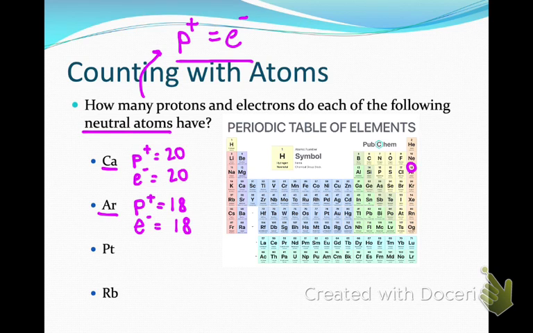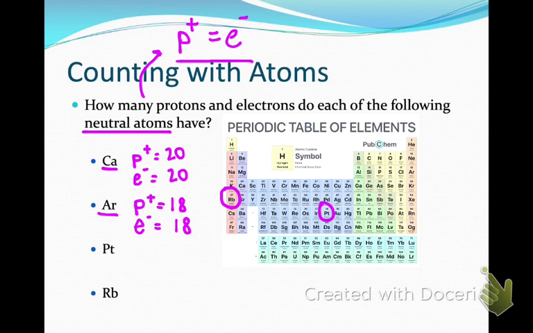I want you to try the last two on your own here. So go ahead and pause the video. I'll tell you platinum is right here, Pt, and rubidium, or Rb, is right here. So there's the two for you to be looking for on your periodic table. Go ahead and pause it and look for those yourselves, and then you can carry on with the video.